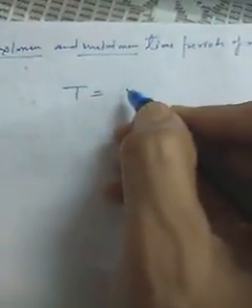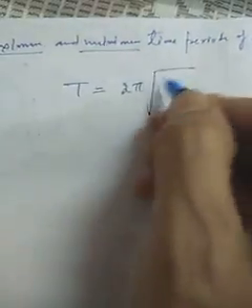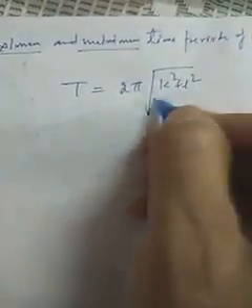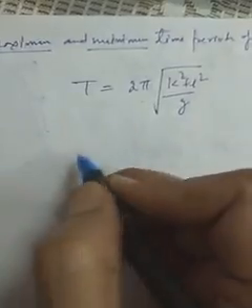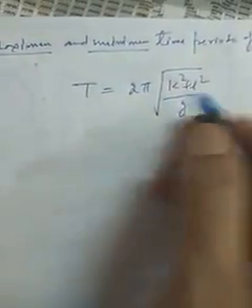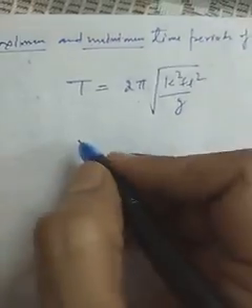What will be the maximum and what will be the minimum time period of oscillation? I will start with the expression for time period as 2 pi square root of k square plus l square over g. Taking square on both sides so that we can remove the square root.